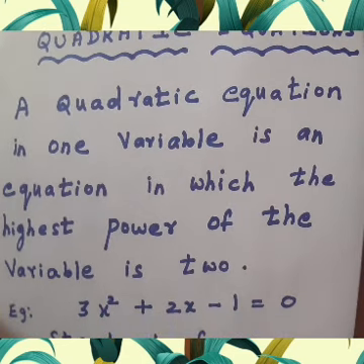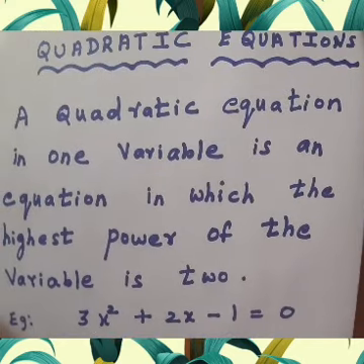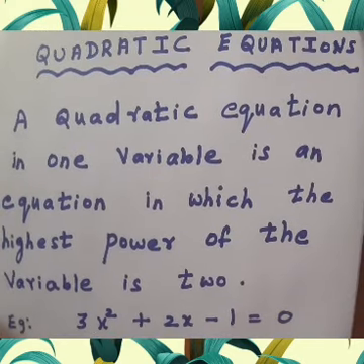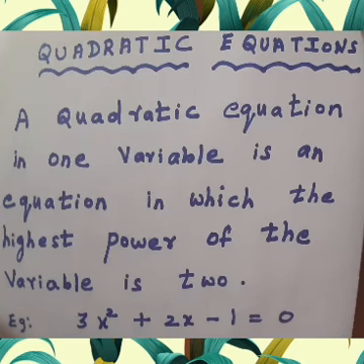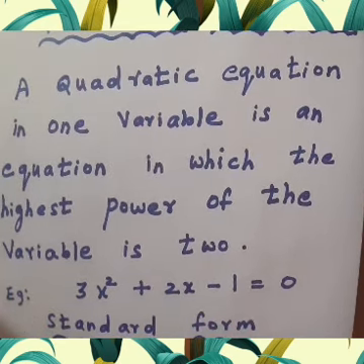For example, you can take this example. Okay, I have given one example here. 3x square plus 2x minus 1 is equal to 0. If you take this equation, what is the highest power of x here?